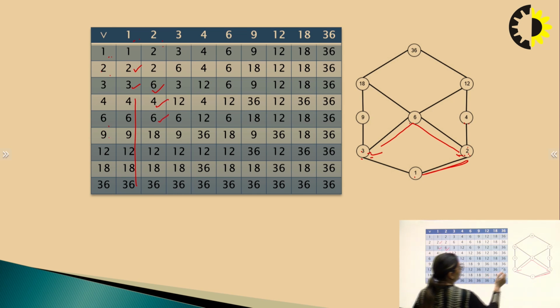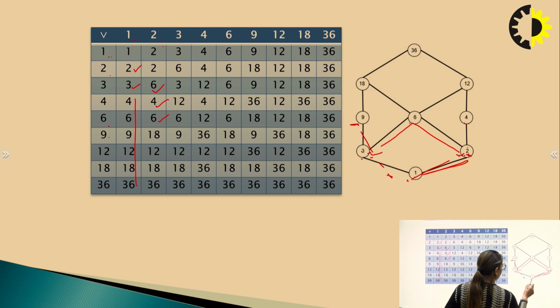9 and 2, there are no relations. So we will check the intersection. Sorry, on the upper side we have to see, no? So on the upper side we can see that they are intersecting at 18.